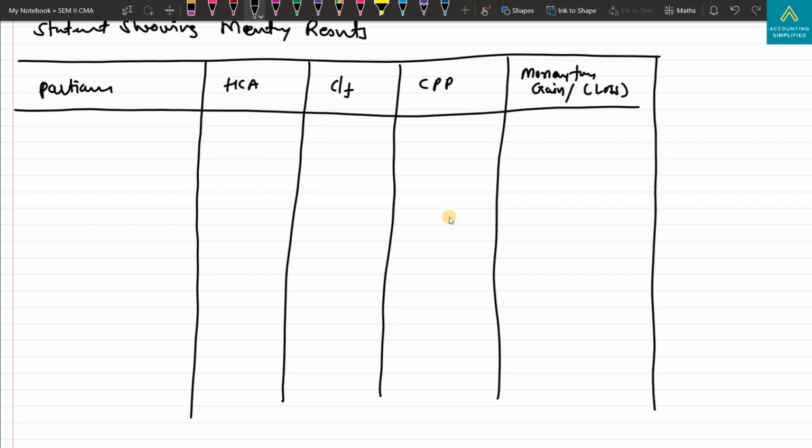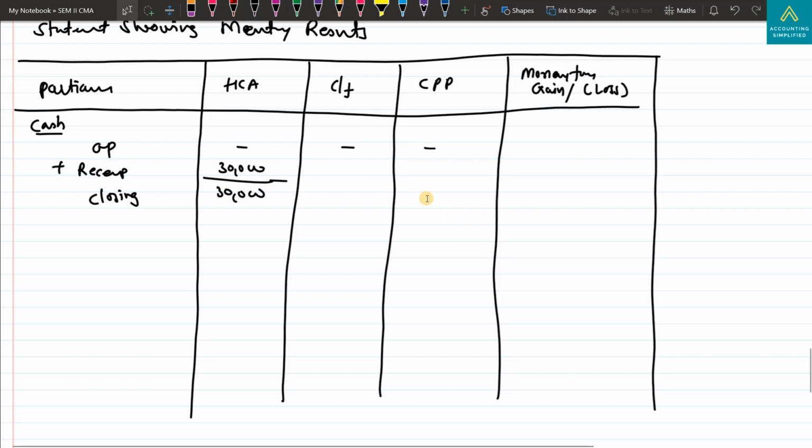Okay, so first cash. Opening cash, see, it is nil, plus receipt, whatever the cash sells, it is receipt 30,000, so it becomes 30,000. This is closing, right? I hope you understood this. So opening, nothing is there, will not write anything.